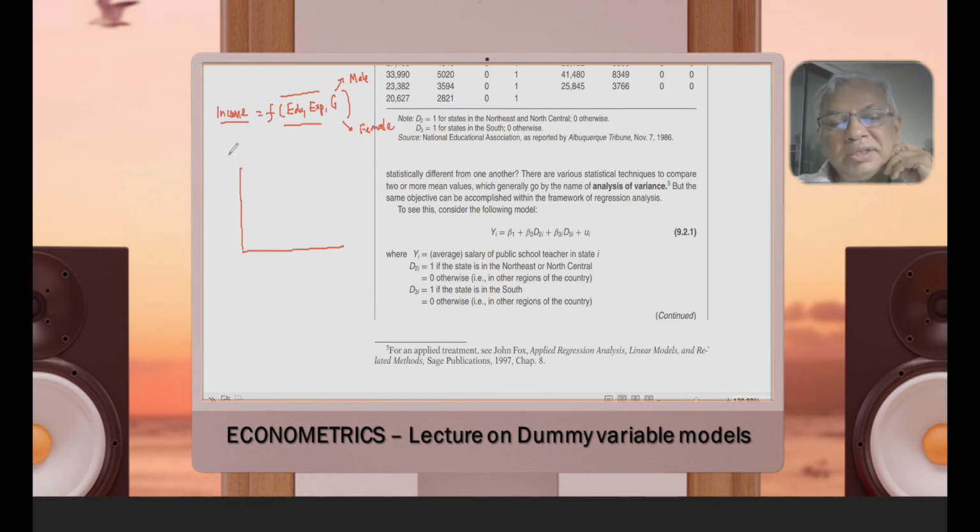Let's imagine that this is the income on the y axis, and this is the education. If education is higher, we expect income to be higher. Or we can say education is a quantifiable but ordered variable; let's say experience is a better variable.